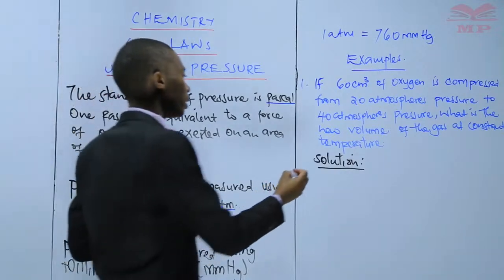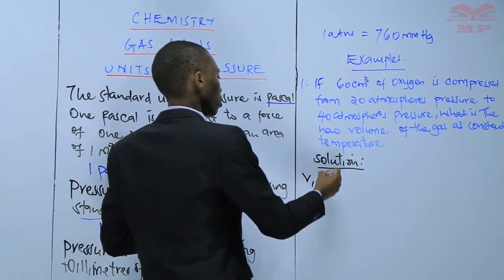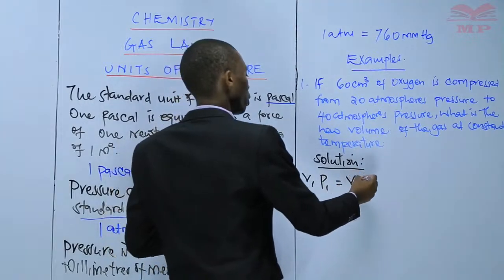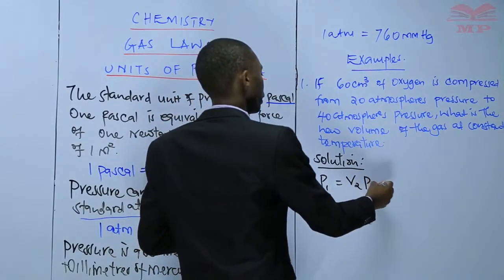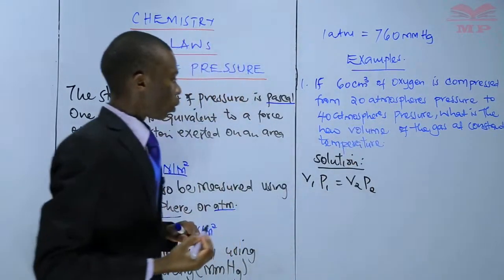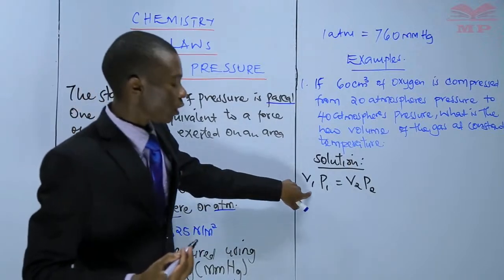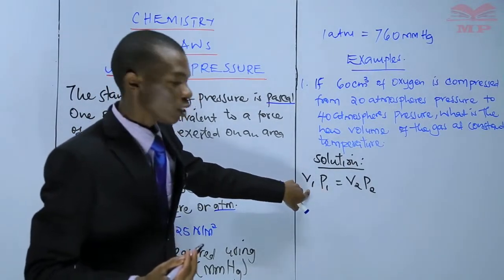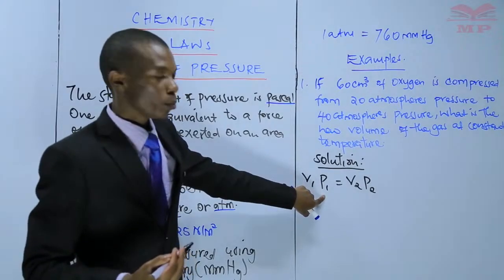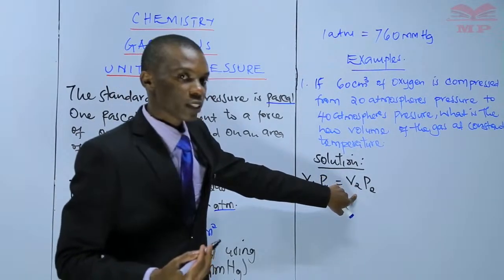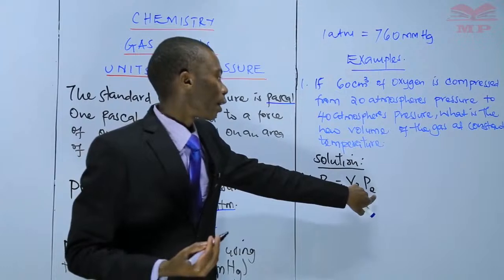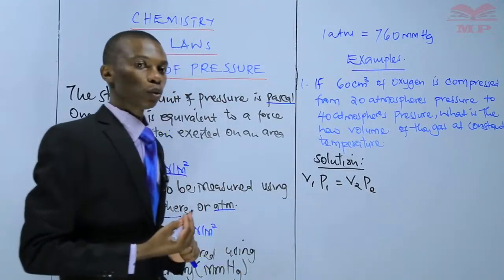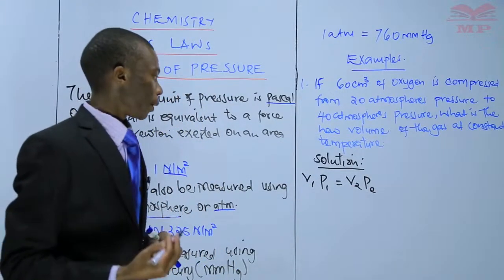The formula is V1 P1 equals V2 P2, where V1 is the initial volume, P1 is the initial pressure, V2 is the final volume, and P2 is the final pressure.